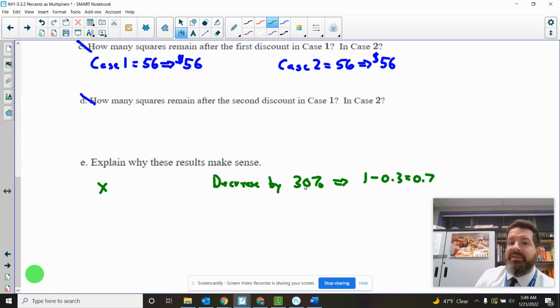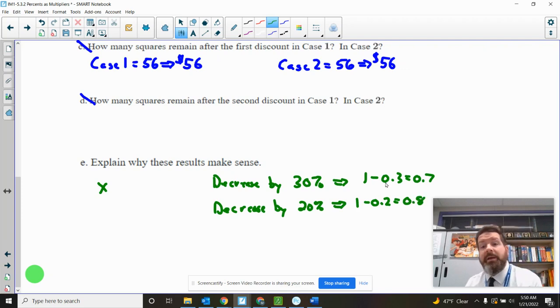So to decrease something by 30% means to multiply by 0.7. Okay, what does it mean to decrease something by 20%? Well, 100% minus 20% would mean that to decrease a number by 20%, you multiply that number times 0.8.